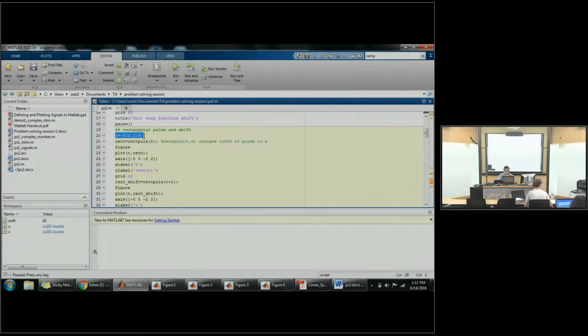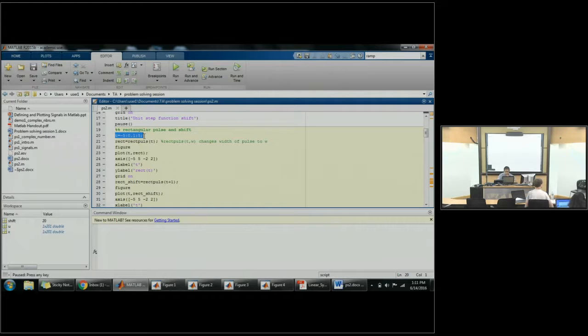Rect pulse is the function that creates a rectangular pulse for us. T is your time axis values, W is the width that you can change. By default it's 1, so you can change it to 2, 3, 4, whatever you want. Then it's normal plotting. So plot, first you have your x-axis and then you have your y-axis.